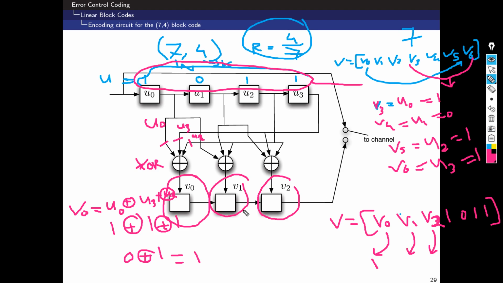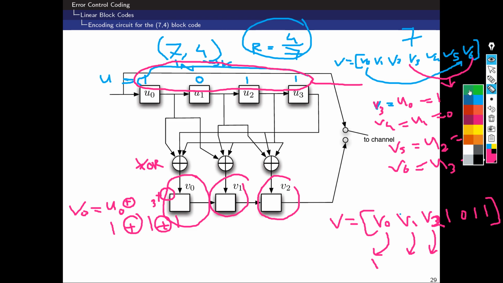Now let's go to V1. We have these three lines for V1. Let's focus together on what V1 is.